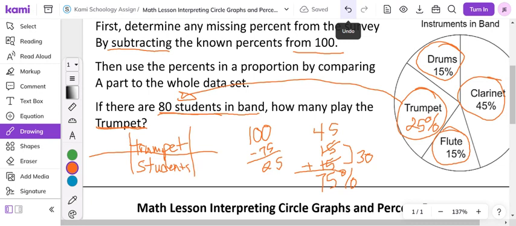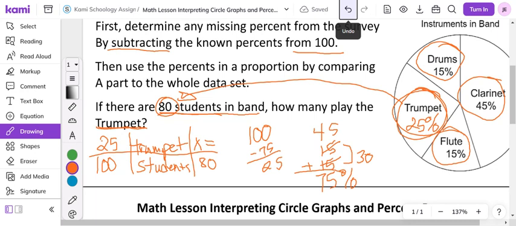And the given information, we have 25%. So we can start on the left with the given, and that's 25 students out of 100 if we had 100. And we need to find out how many trumpet students there are out of 80.